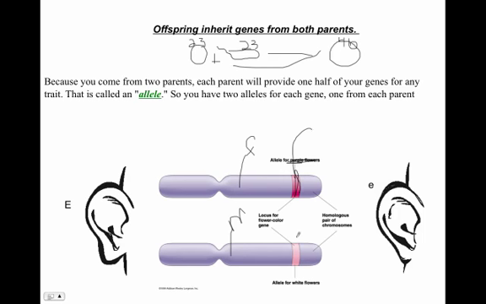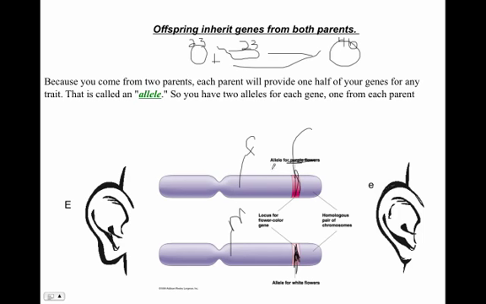And each chromosome has homologous pairs. But it's what happens here and here on this that governs what trait you will have for your ears or some other physical characteristic.